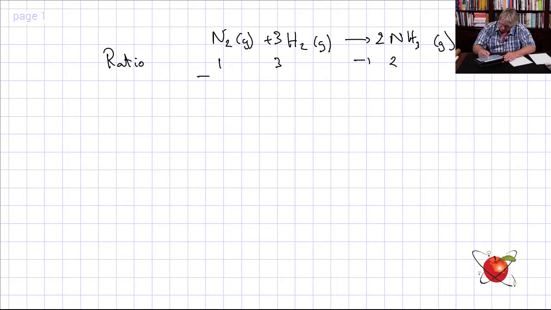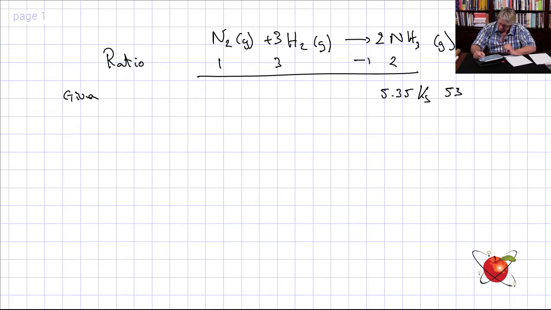Okay, that we've got. Let's see, what are we given? Given in this case, they've told us that we've got 5.35 kilograms of ammonia. So let's have a look. Given 5.35 kilograms, which is 5350 grams over there.